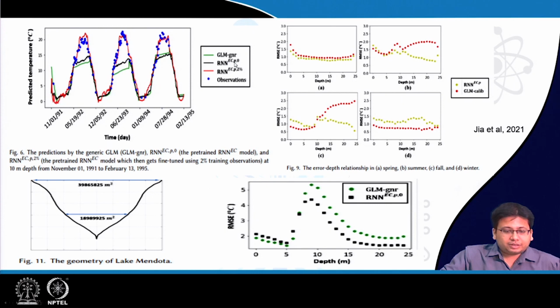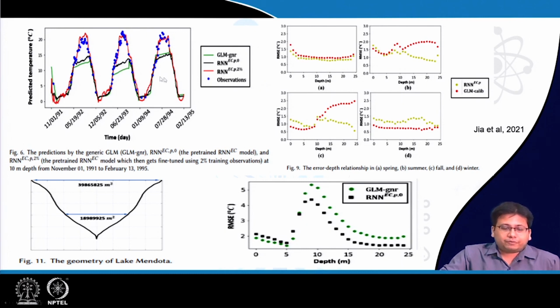The initial one is the pre-trained RNN model, that is, the RNN model which is trained for one particular lake, but for the target lake it has not received any observations. So that is the pre-trained model.